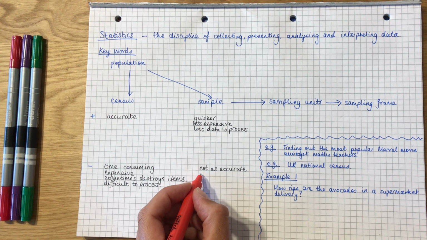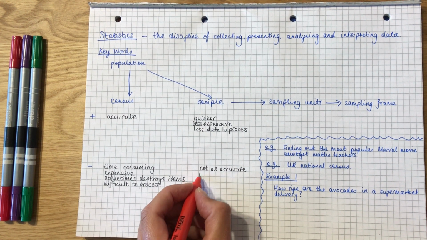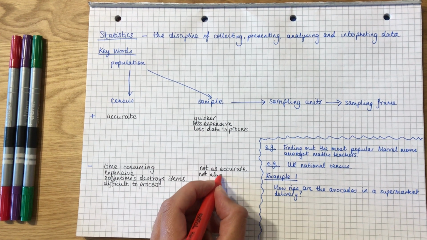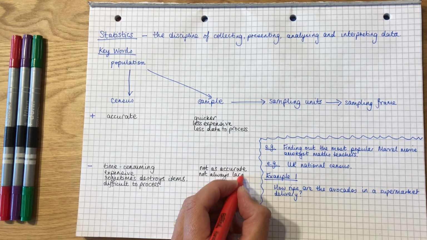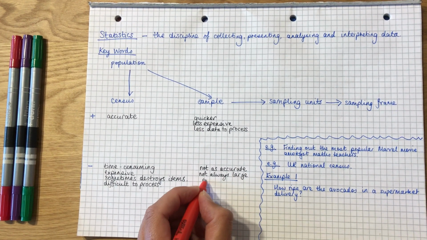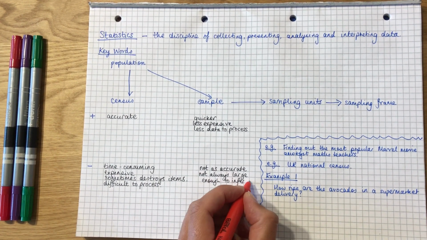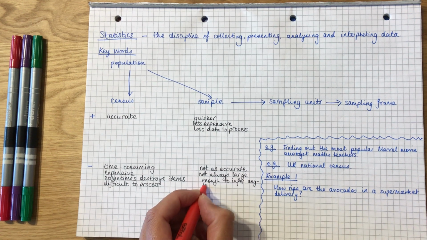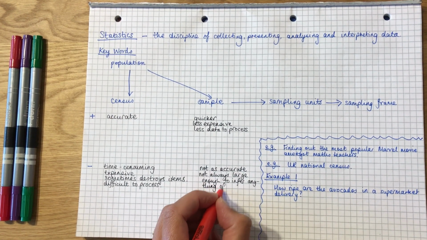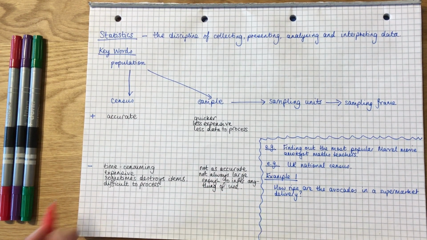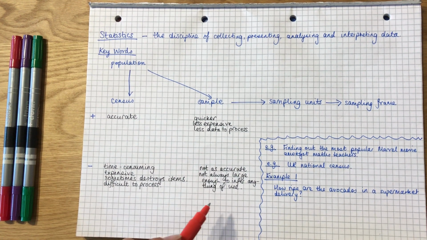So it might not even be large enough to infer anything at all of use. So there are pros and cons to both of these.